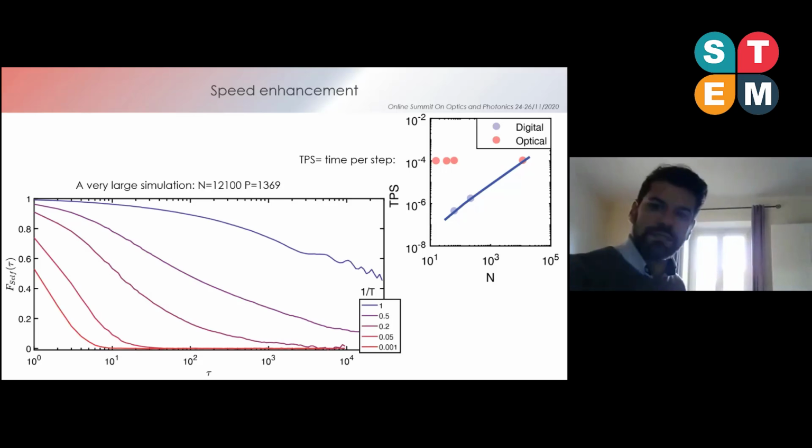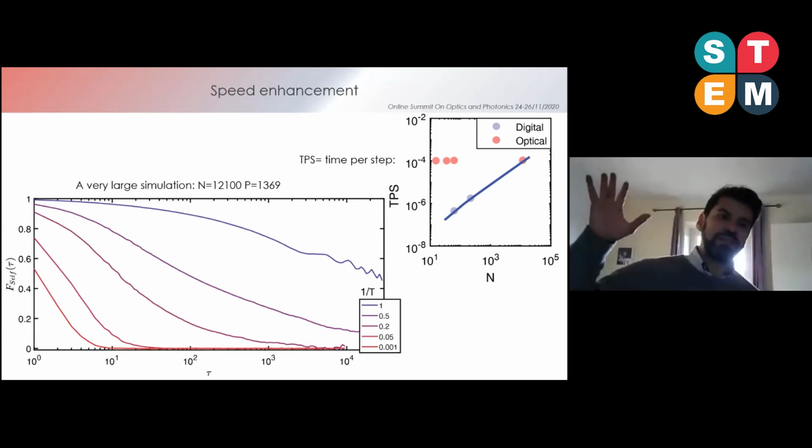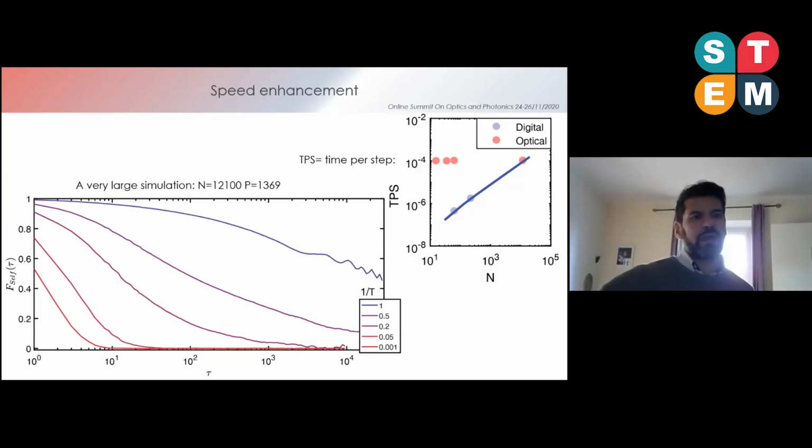In our case, the coupling constants come from the light which is passing through the disordered system. So it's computed at the speed of light, really, by the passing of light through the disordered system. Actually, our bottleneck is the DMD rearrangement speed and the camera acquisition time.